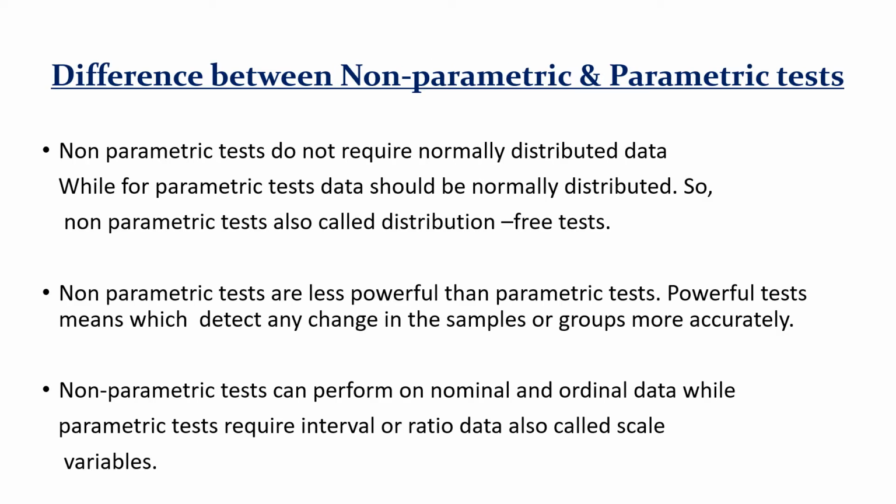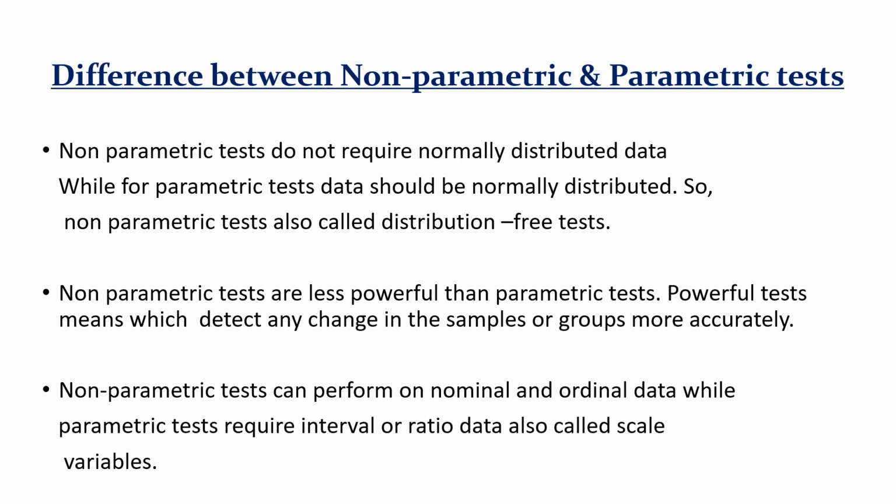The main difference between non-parametric and parametric tests is that non-parametric tests do not require normally distributed data. That's why they are also called distribution-free tests. Whereas normally distributed data is an important condition for parametric statistical tests.